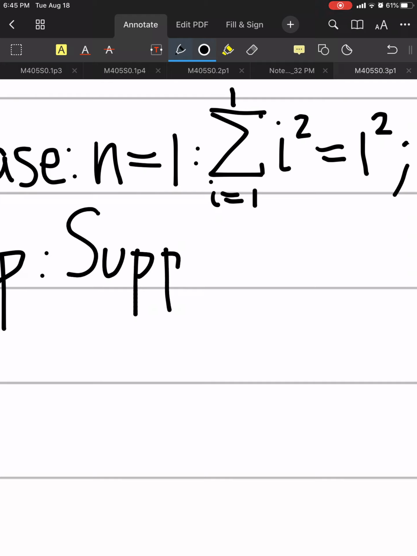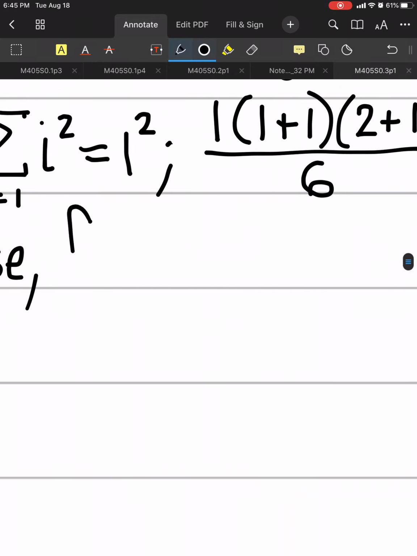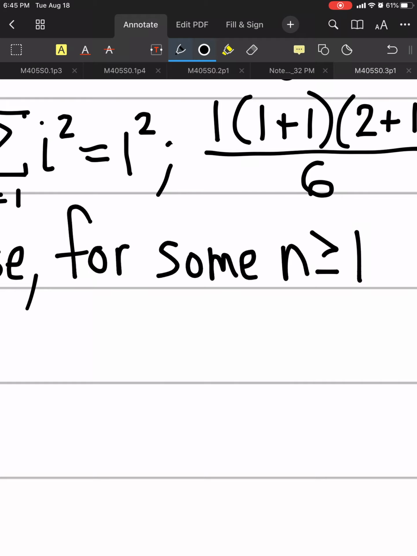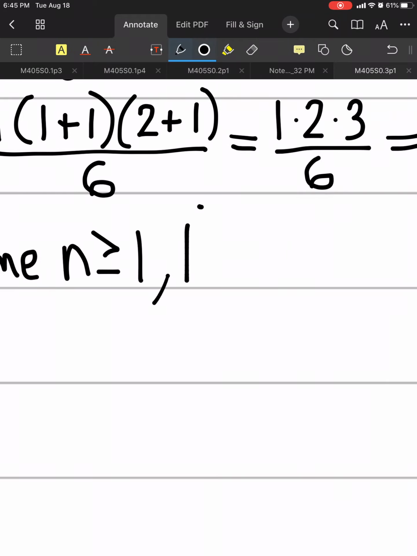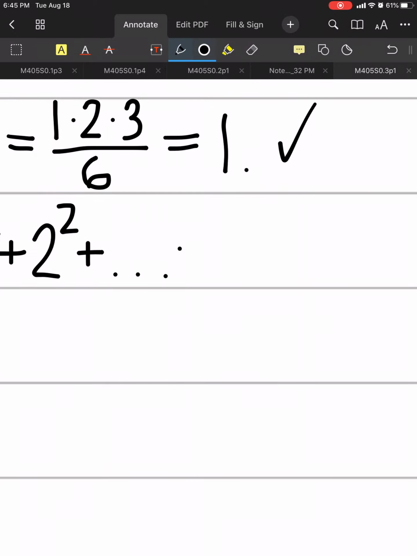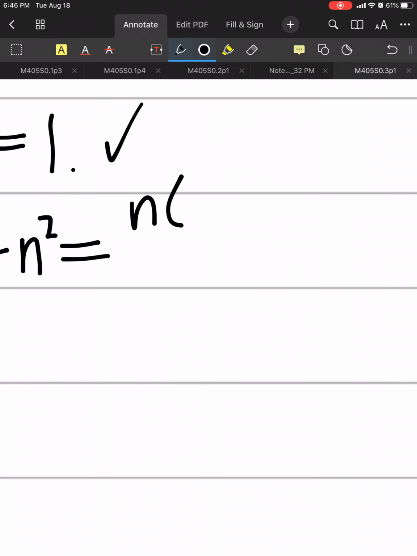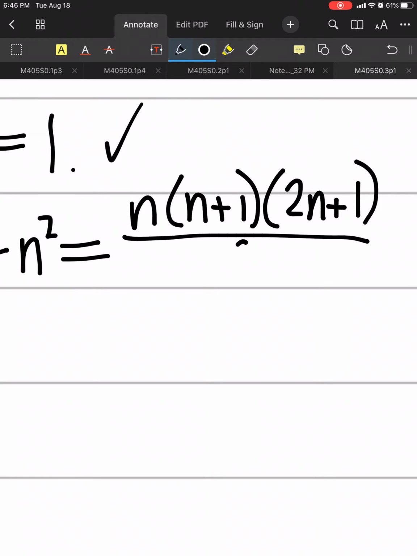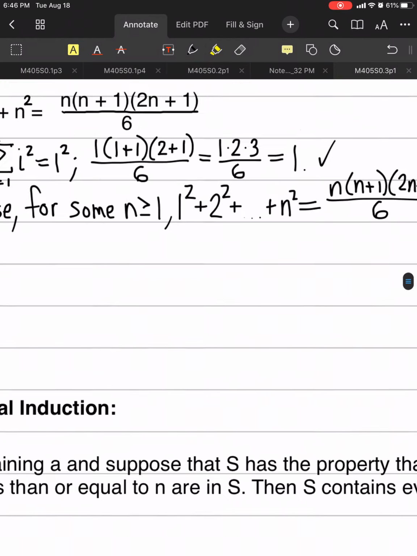Suppose, let's continue here, for some n greater than or equal to 1, 1 squared plus 2 squared plus so on up to n squared equals, we want to suppose that this equals n times n plus 1 times 2n plus 1 over 6.